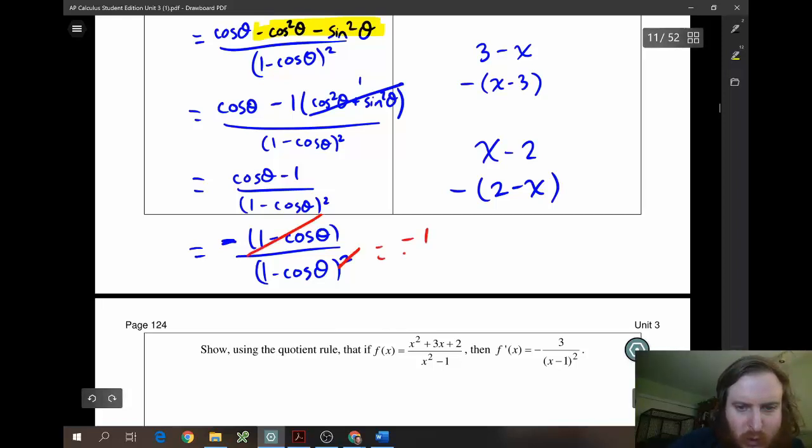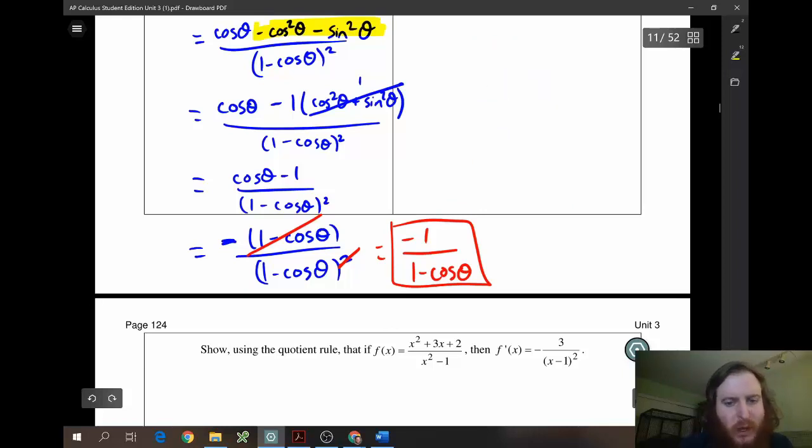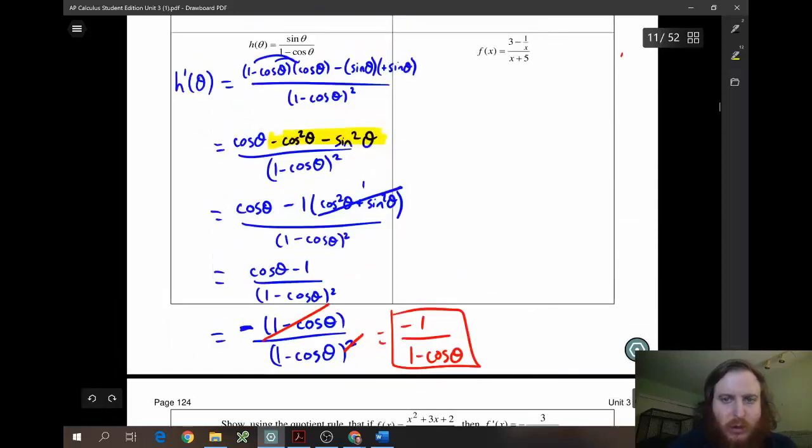So on the numerator, we get -1 over 1 minus cosine of theta. I want you guys to maybe rewatch that, especially the algebra parts, the simplifying parts, because that's something we're not quite used to, especially that last part with switching the signs by pulling out the negative. But it's something we are going to be expected to do when we are simplifying these quotient rules.